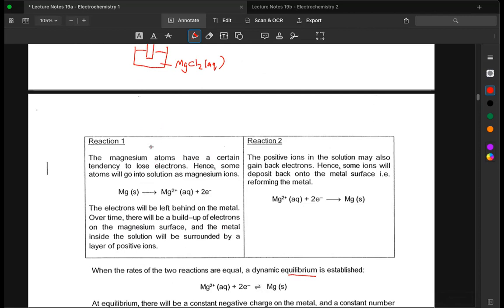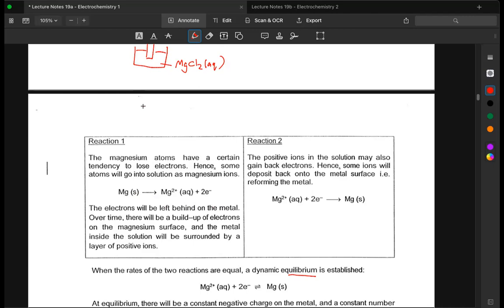Firstly, when the magnesium is dipped into the solution, magnesium is moderately reactive, so it will definitely lose electrons. The electrons from the magnesium atom will be lost, with this half equation represented. Magnesium will be oxidized to form magnesium 2+ with the loss of 2 electrons, since magnesium is of 2+ charge in ion or compound form.